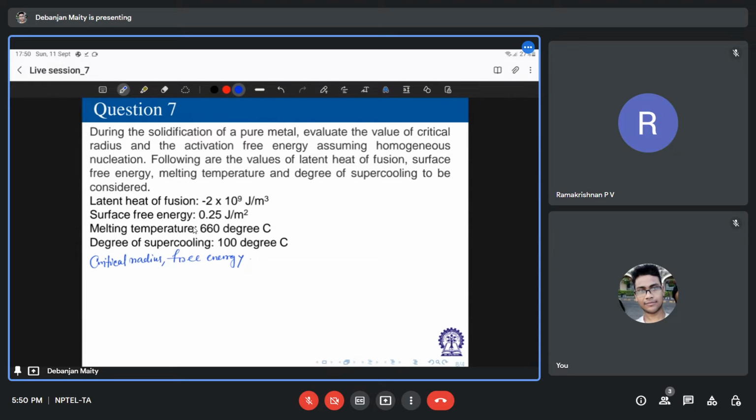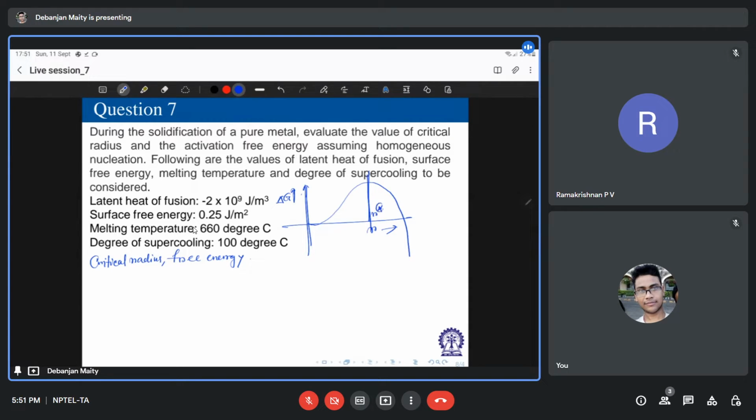So what you need to do here, if you see your free energy as a function of radius, how does it look like? Looks like this, right? Do you remember? So there will be a critical radius.